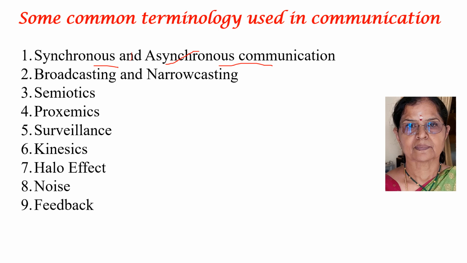And proxemics. Proxemics means the distance between the sender and the receiver. If we say there is personal space, intimate space, if it is intimate communication between one to one, then it is slightly 1.5 feet. And if it is personal space between sender and the receiver, it means 4 to 10 feet.